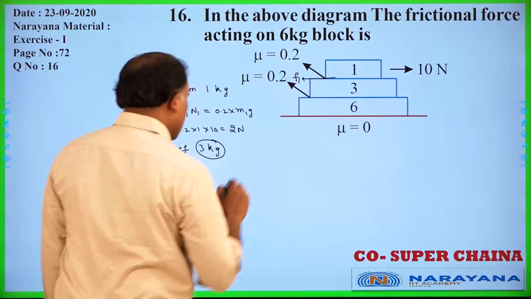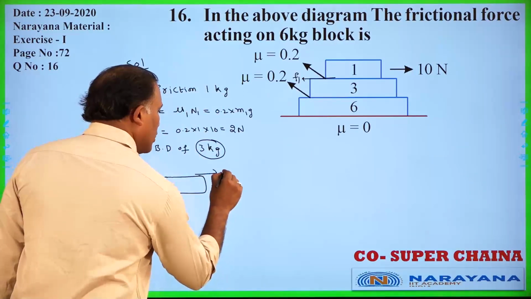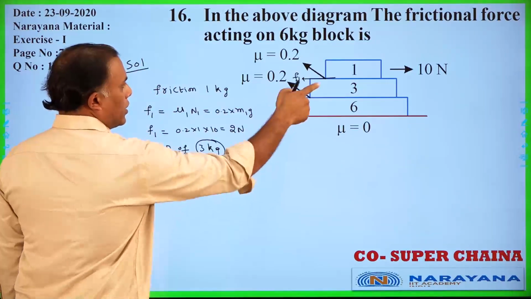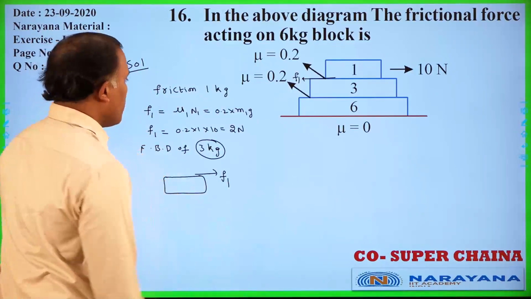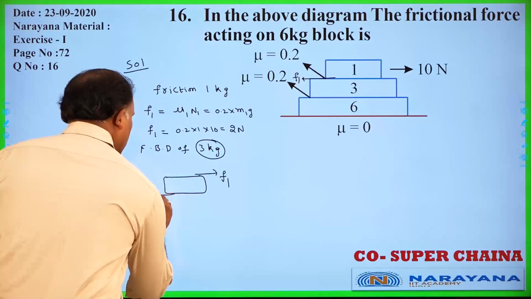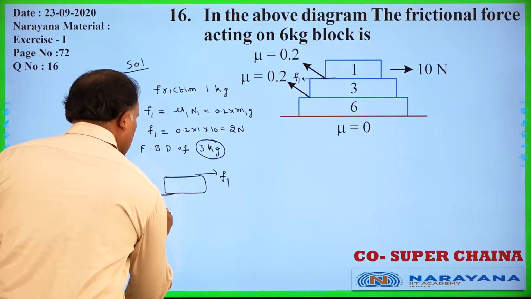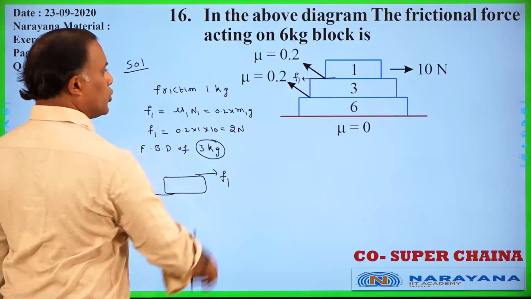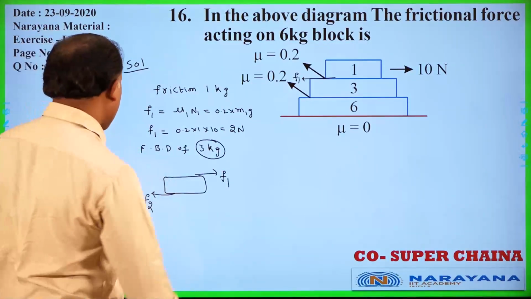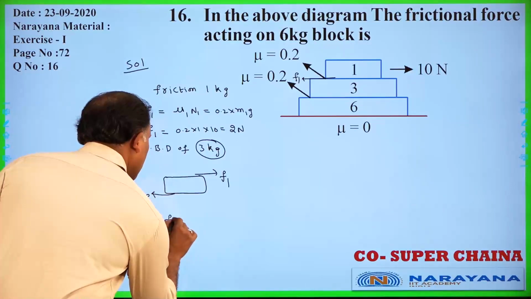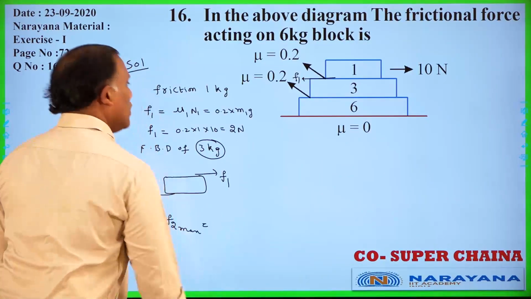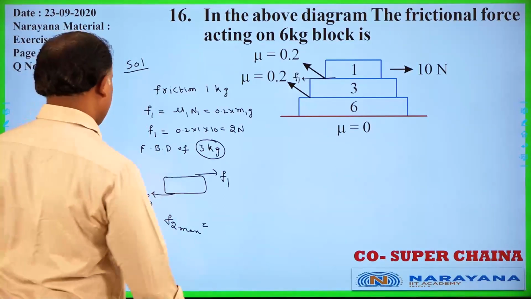Now if you consider this 3 kg block, friction F1 will be this side. F1 on the upper block is this side, on the 3 kg block it is this side. And here is the friction between 3 kg and 6 kg, F2. So F1 is equal to 2 Newton calculated, then what is F2 maximum?